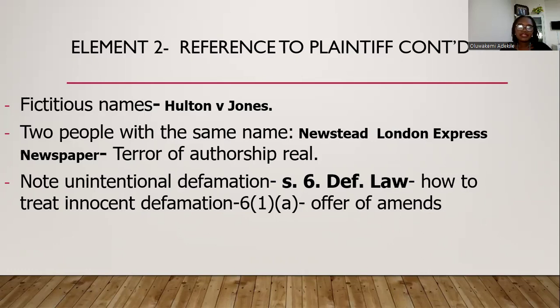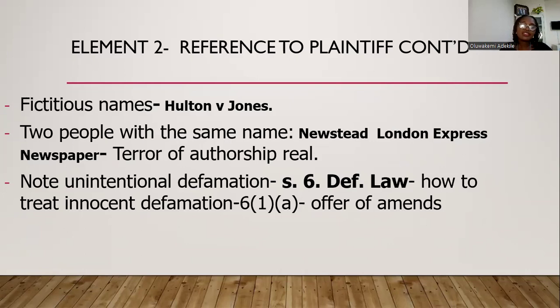In most cases, when you have a work of fiction, it is normal and safe to put a disclaimer to say this is a complete work of fiction and the names and characters are fictitious and do not refer to any person that is living. But if it so happens that you use a fictitious name, as happened in the case of Holton against Jones, and the storyline is believed by society to refer to a person with the same name, then it will be defamatory.